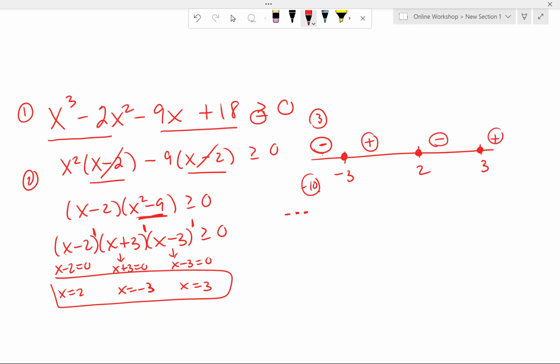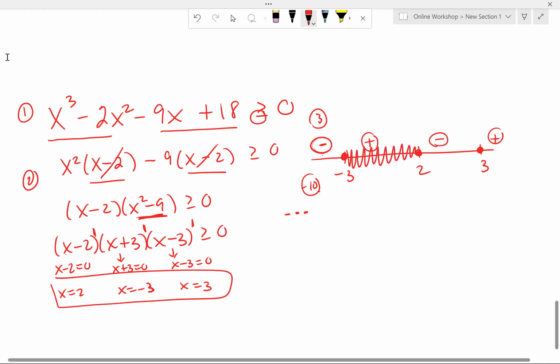Now, if that first one is wrong, suppose this should have been a positive for your first one, then all the other numbers are wrong. So that first one really has to be correct, so that when you alternate them, the remaining are correct. Where are we greater than or equal to 0? Wherever the number line is positive.